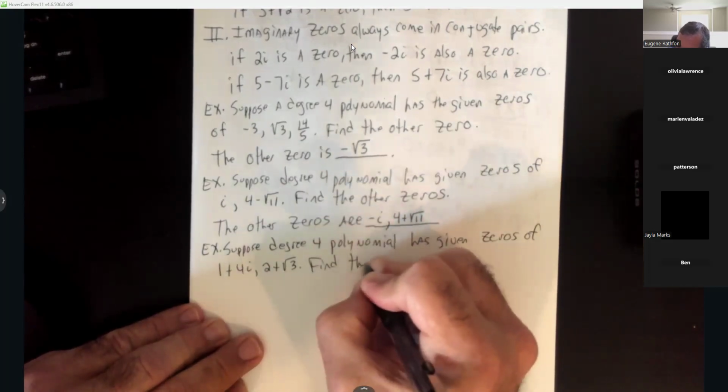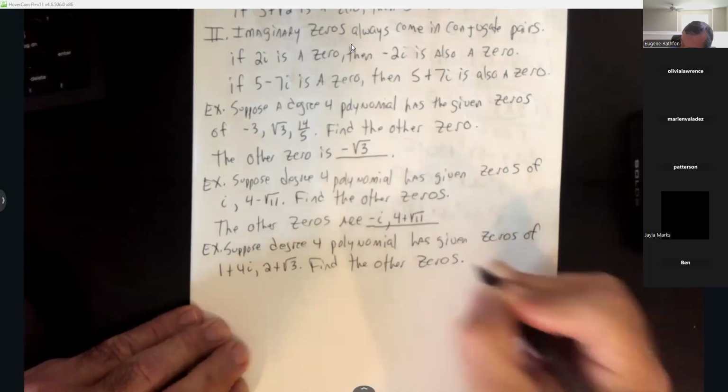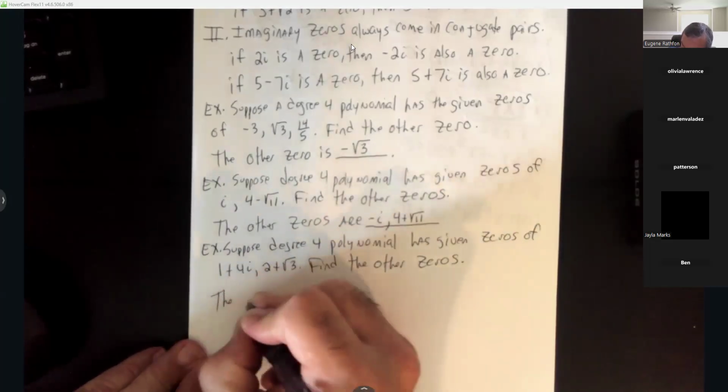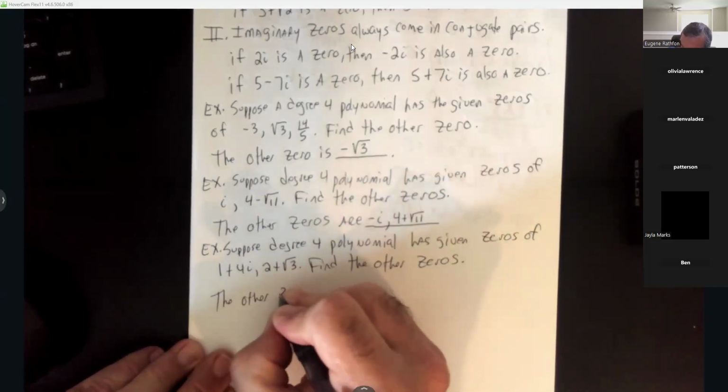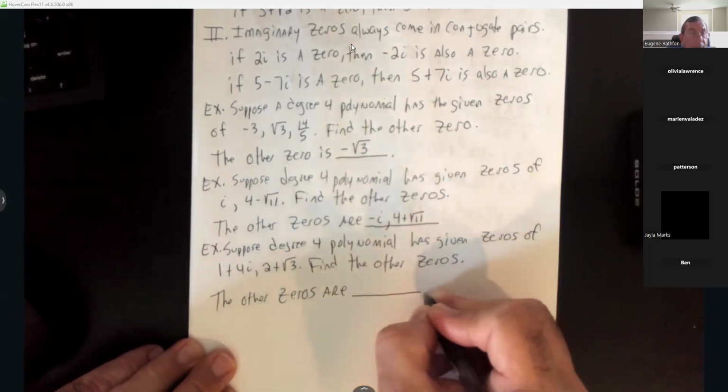Find the other zeros. So the other zeros are blank.